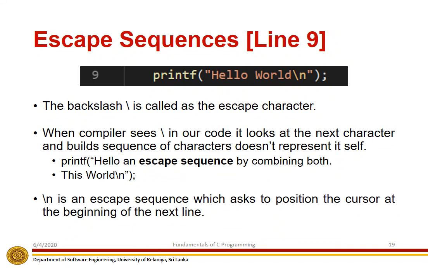Here, the backslash and n are combined together. \n is the escape character that positions the cursor at the beginning of the next line. It means after printing hello world, if you give another thing to print, it will print on the next line. If you didn't give \n, then the new thing is also printed on the same line.